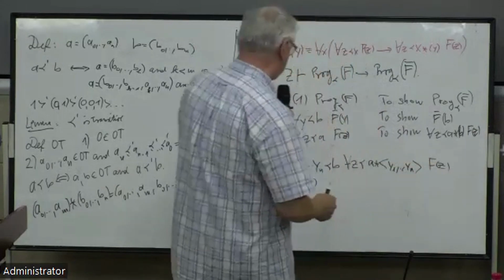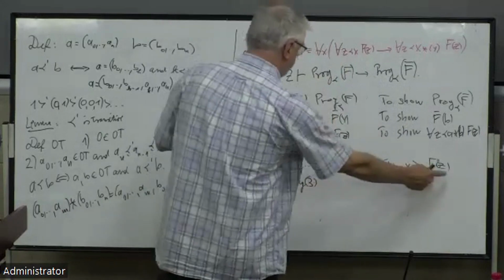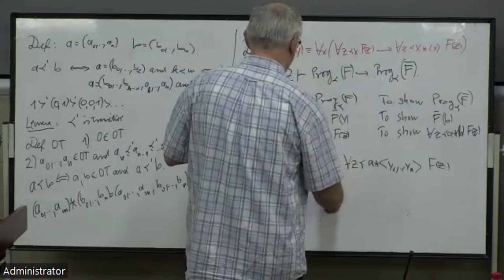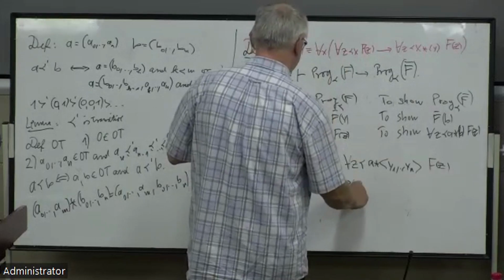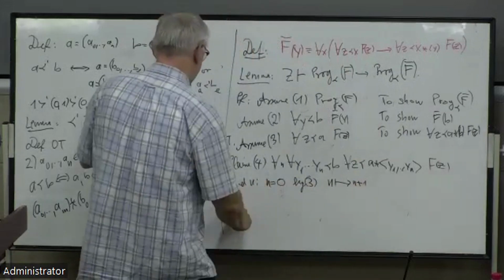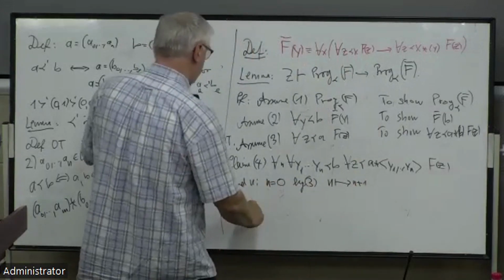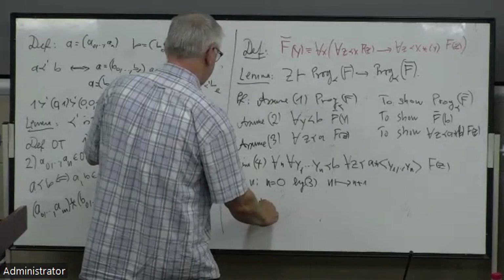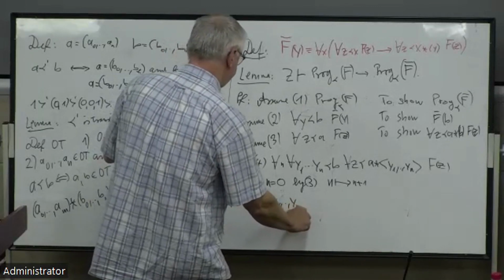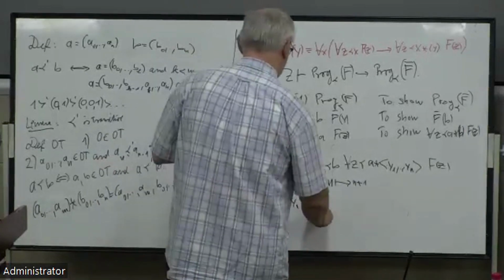Now, assume this is true. So, induction step. So, assume for all z smaller than a star y1 to yn, f of z.